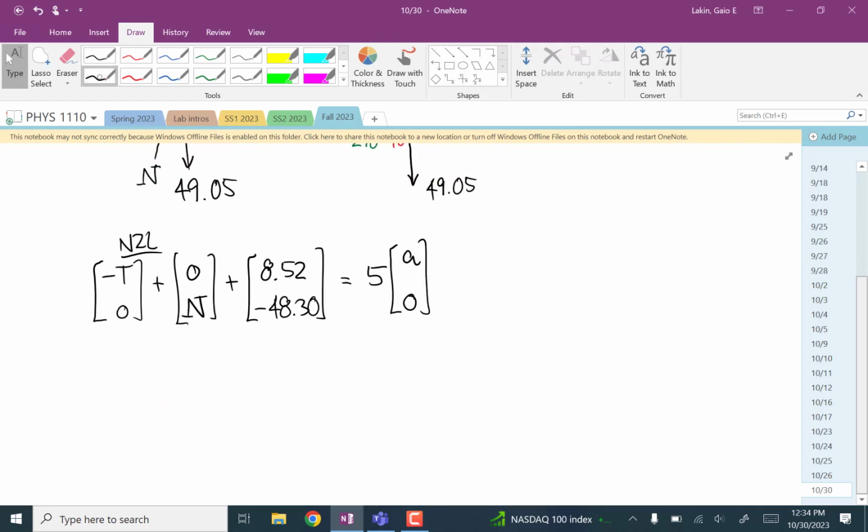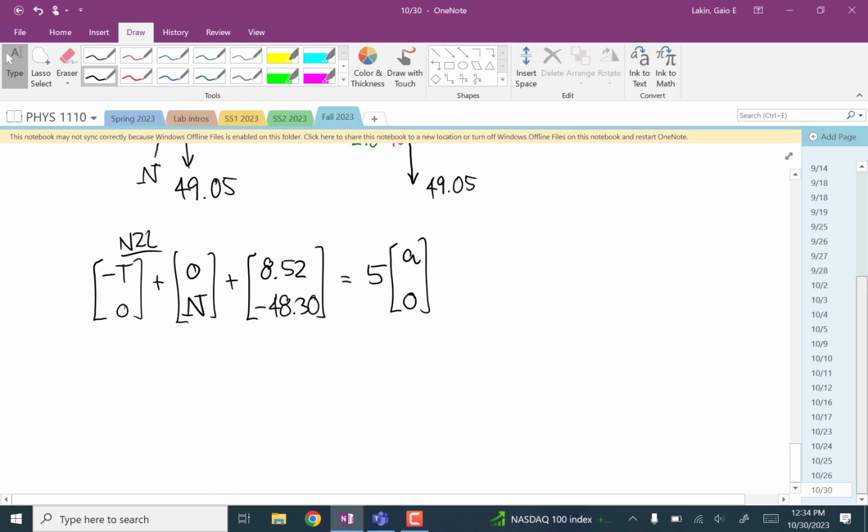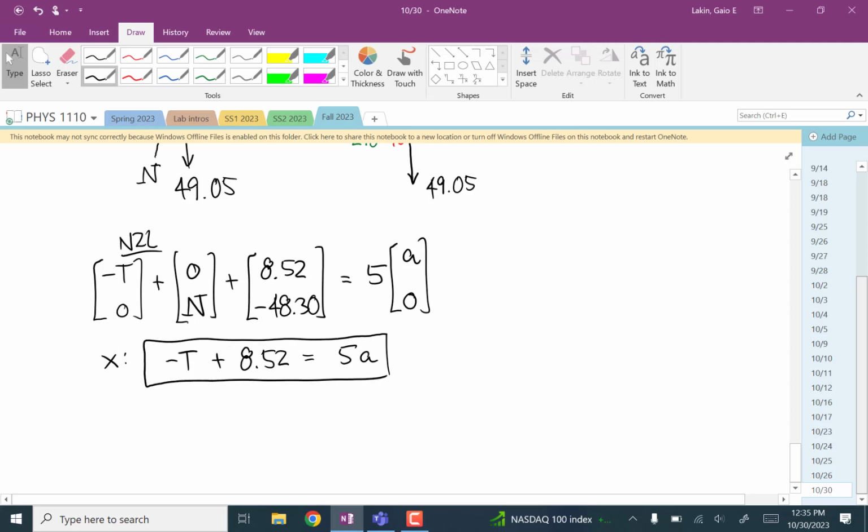Okay, so we got this. We have to think about which of these equations is useful. From our first equation, our variables are T and a. So we want to find the one of these equations that has those two in it. So it's the x equation that we want. So negative T plus 8.52 is equal to 5a. That's our second equation.